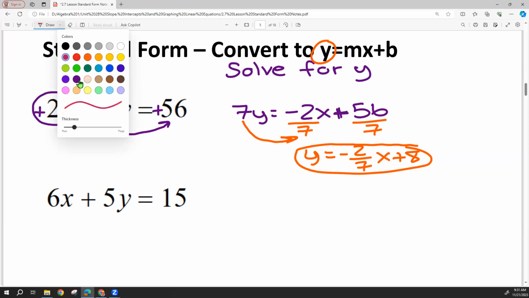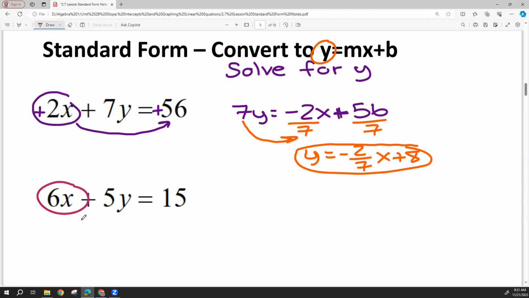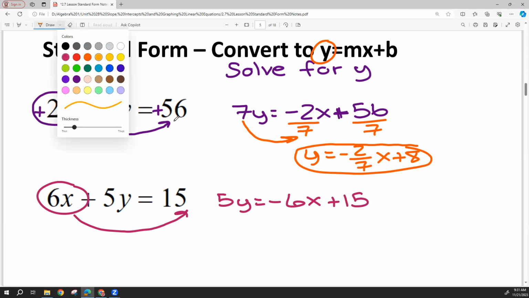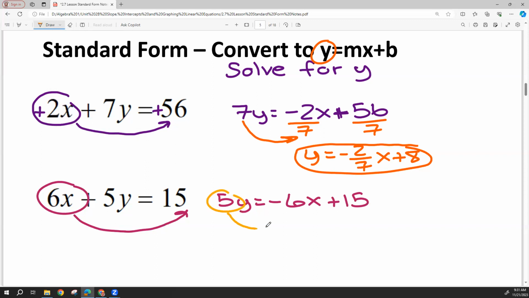Again, converting from standard to slope-intercept, we take our x term and we move it over. We're going to change what it's doing. So instead of +6x, we have -6x. This 15 was positive, so it's still +15 because it didn't move sides. We want to take this 5 and move it over here.